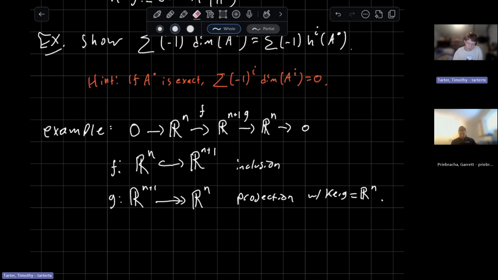Oh, except that should be R. And now it's an exact sequence. Oh, and that works out. Hold on.